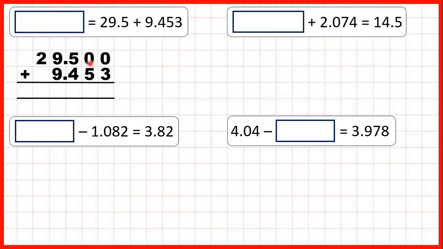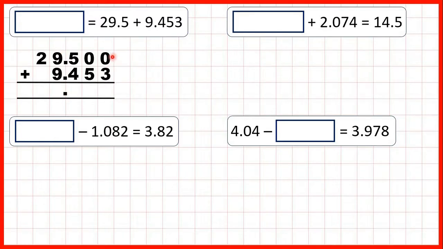Now we can write zeros in these empty squares, because 29.500 is the same as 29.5. We haven't changed the question, because all these zeros tell us is that we don't have any hundredths or thousandths in 29.5. Now we need to remember to copy the decimal point down into our answer so that our decimal points are all lined up.